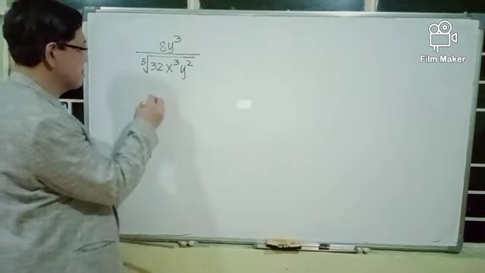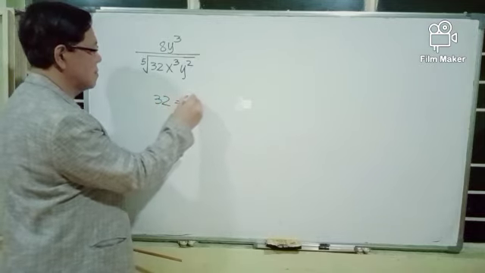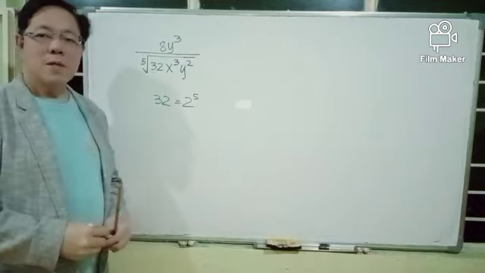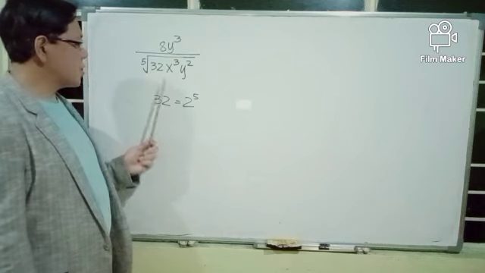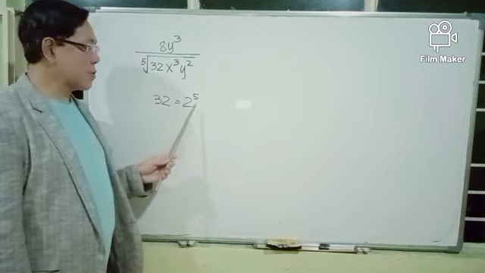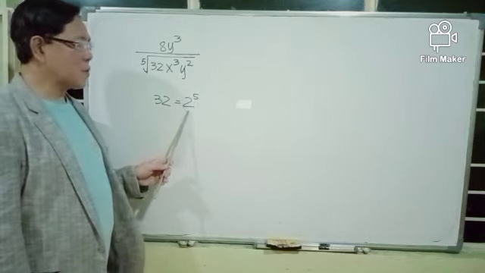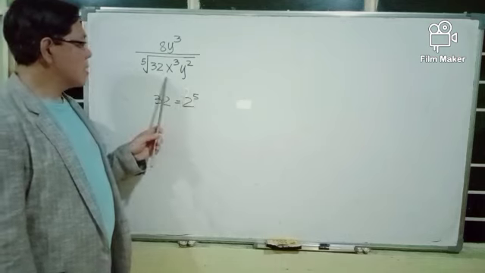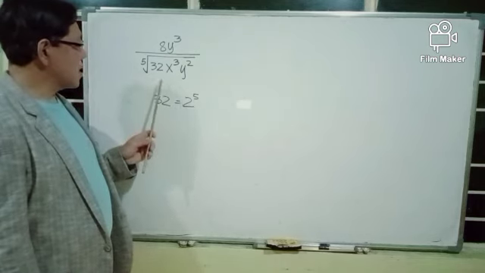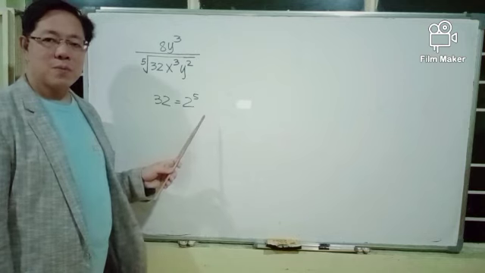Since 32 can be expressed as a number raised to the exponent 5, or 32 is equal to 2 raised to 5, if we take the fifth root of 2 raised to 5, that simplifies to 2.